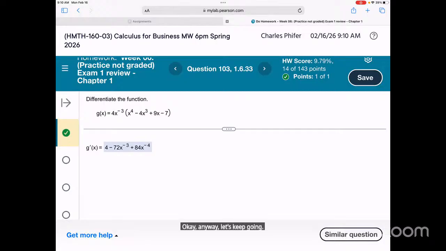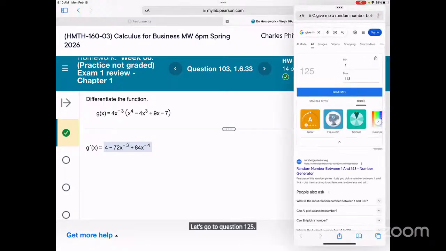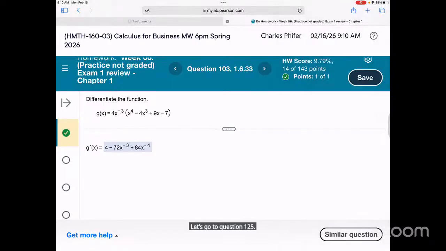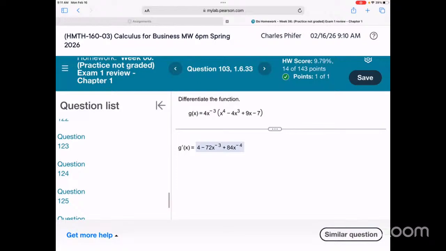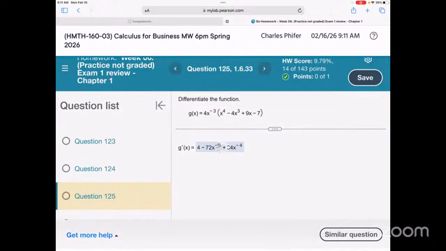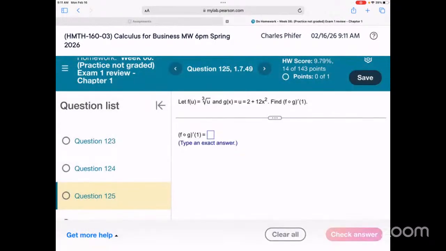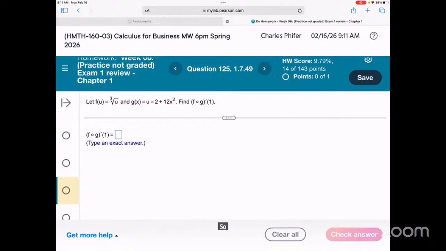Let's go to question 125. So this question comes from section 1.7, question 49. Given this f and this g, find f compose g prime of 1.